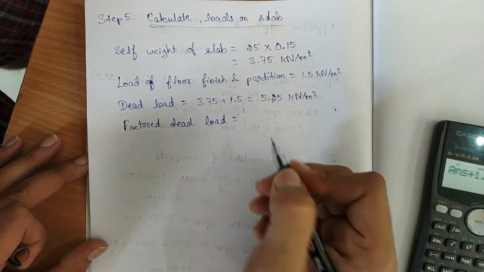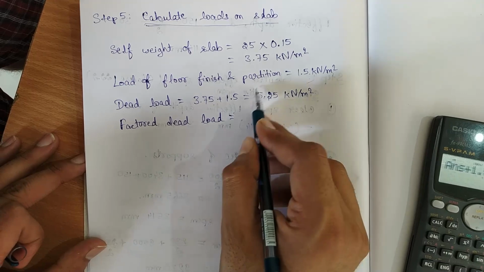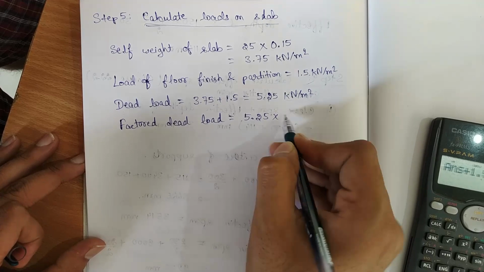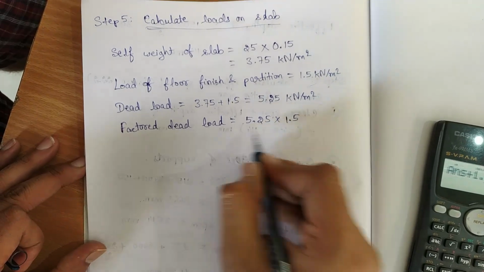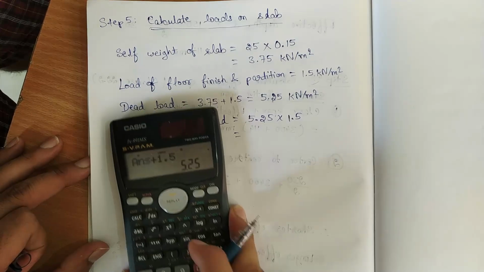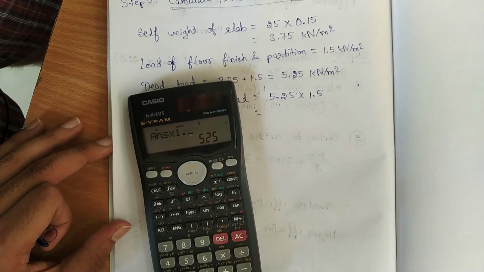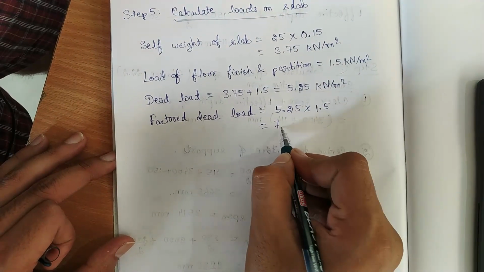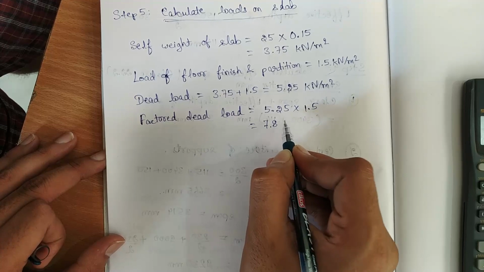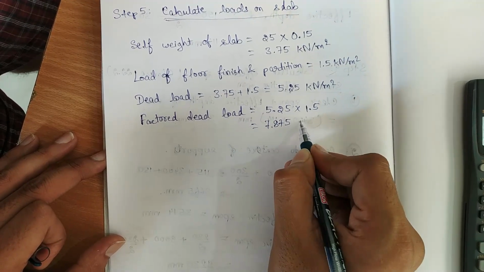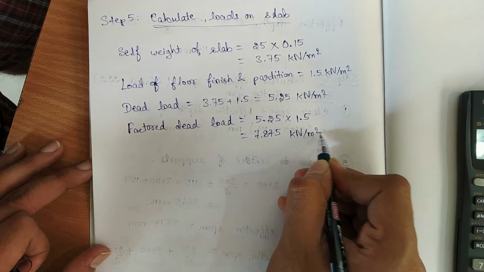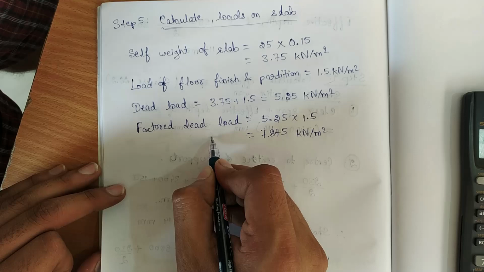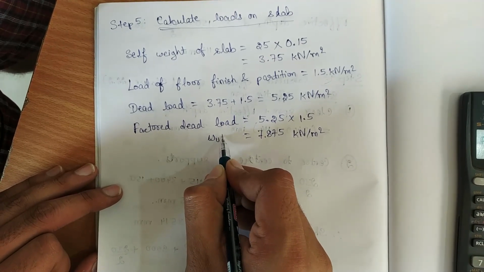Now what is factored dead load? When we will multiply the dead load, which is 5.25, with factor of safety, which is 1.5, then we will get factored dead load. So answer multiplied by 1.5, 7.875 kilonewton per meter square is our factored dead load. We will symbolize it as WDL.